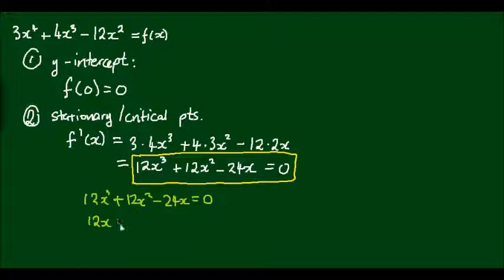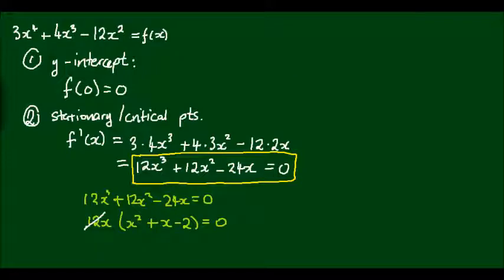So if I take out a 12x, I'm going to get, inside parentheses, x squared plus x minus 2 equal to 0. And if I divide both sides of the equation by 12, I'm simply going to eliminate the 12 on the left hand side, so I'm left with x outside of x squared plus x minus 2.